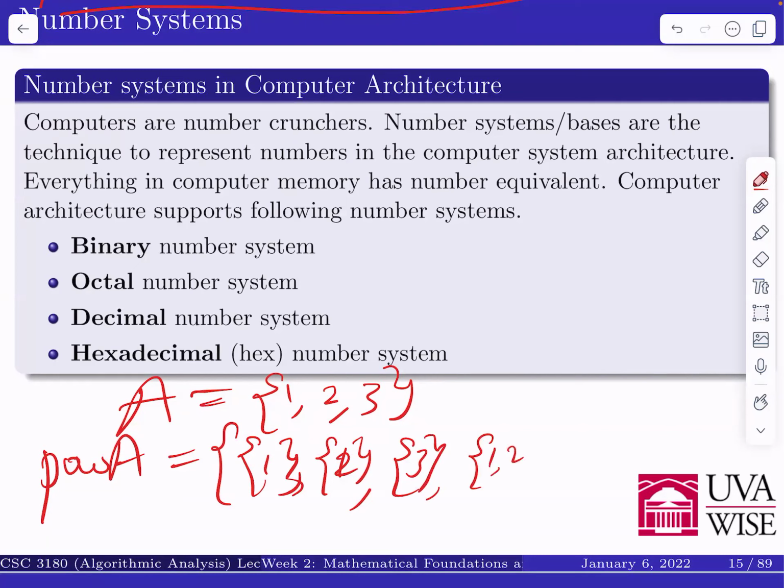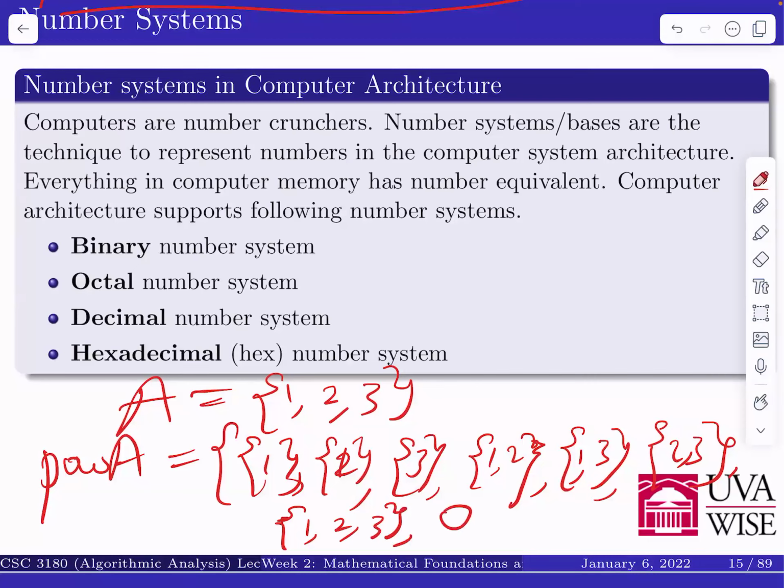I can have 1 and 2, 1 and 3, 2 and 3, the set itself, and the empty set. If you count them, you have 1, 2, 3, 4, 5, 6, 7, 8.